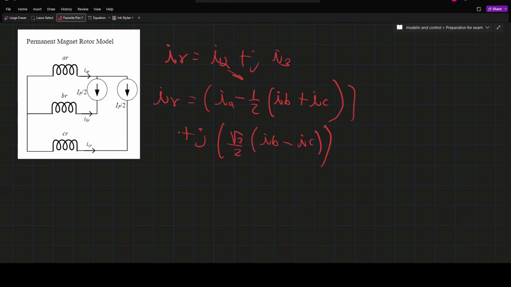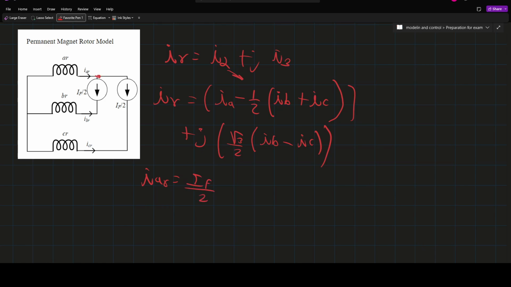So if we have three coils and we run a constant current to a coil, we are going to have a constant magnetic field. And that is basically what a permanent magnet is, a constant magnetic field. So we can say that IAR is gonna be equal to this constant current IF.